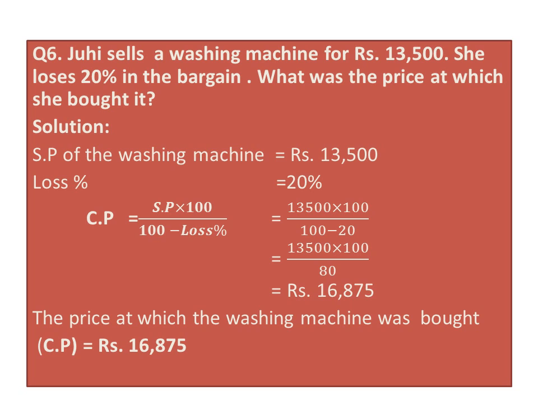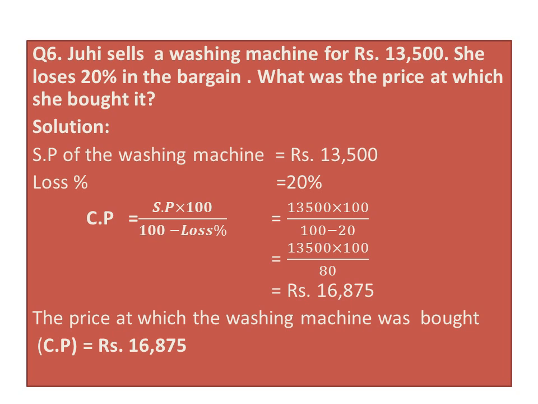Listen children, if SP and loss percentage are given, we have to use one particular equation. CP is equal to SP multiplied by 100 upon 100 minus loss percent. This equation we have to use to find out CP if SP and loss percentage are given. So that is equal to, in place of SP we will write 13,500 multiplied by 100 upon 100 minus loss percent.